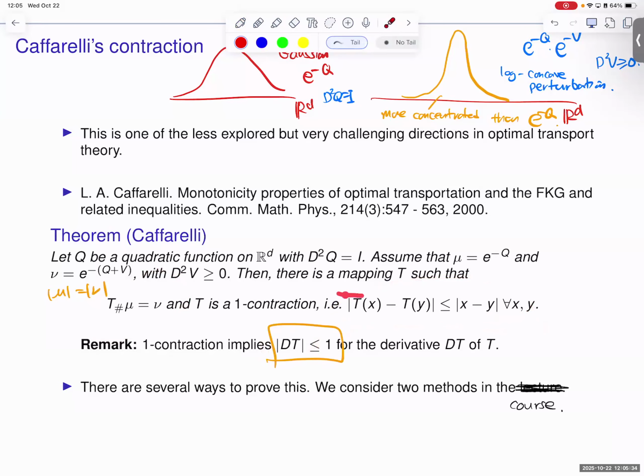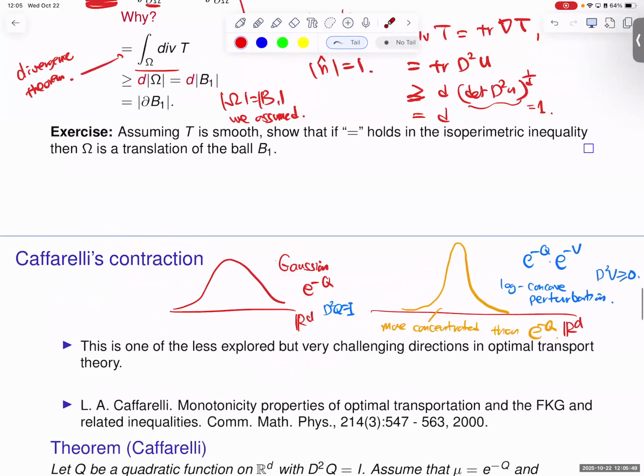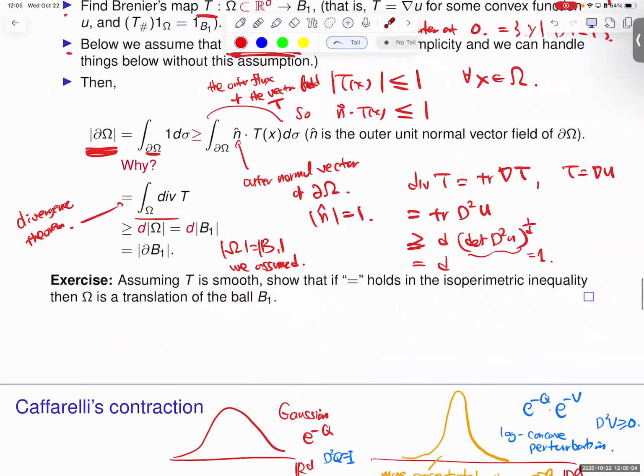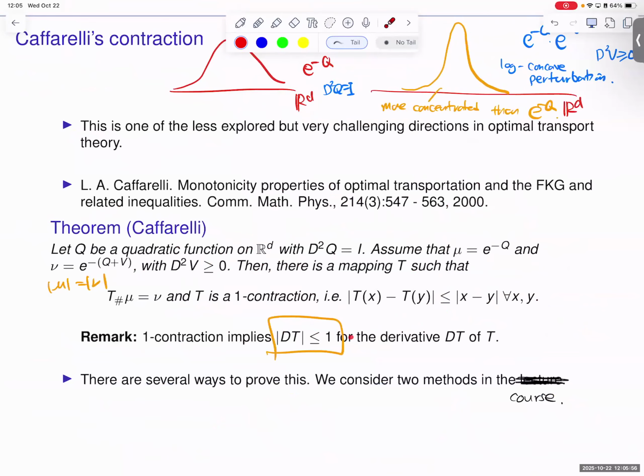So such a mapping T has this volume preserving property and this property for its derivative. So we had a similar situation in the proof of the isoperimetric inequality, and now we have a mapping having similar properties.